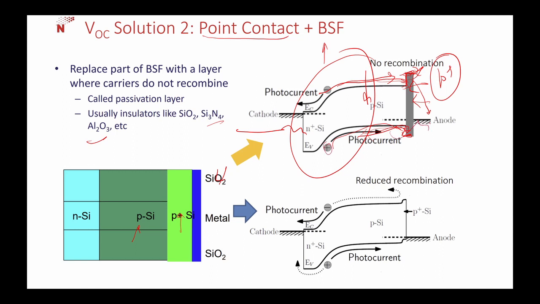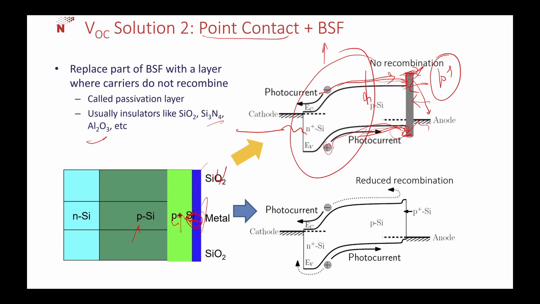So what we can do is we can also coat the P plus with SiO2, but we can make a hole through that, so that at a single point we can collect the electrons.